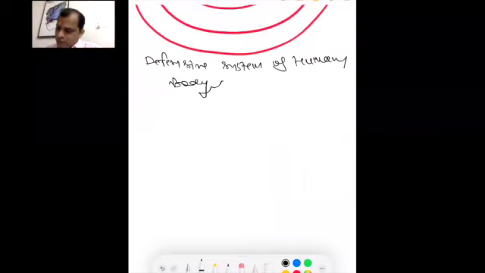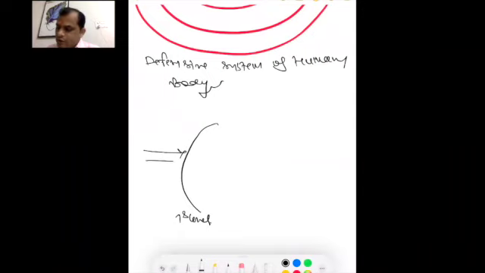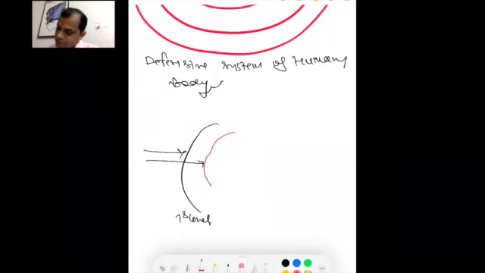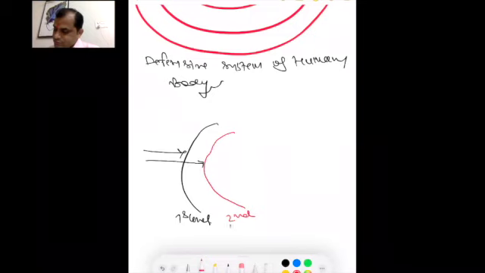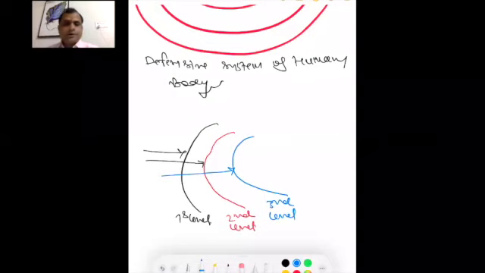When this virus attacks the first level, the body shows some symptoms. Then as the virus wins and proceeds further, attacking the second level, the body shows different symptoms. Going further and attacking the third level, we will see different symptoms.